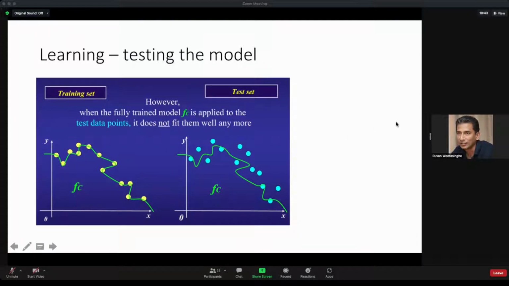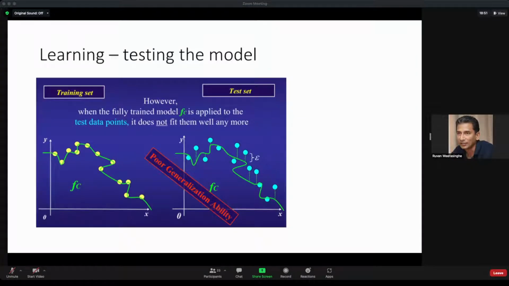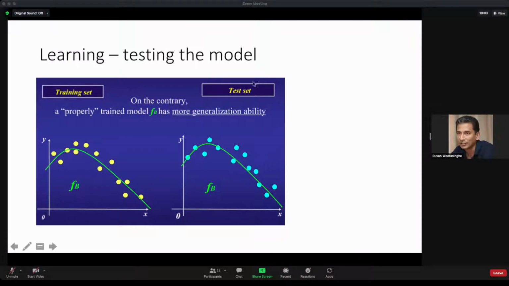One clue for overfitting is the big discrepancy between the training error and the testing error, which basically means the generalization hasn't happened. And good models are models that generalize well. So when you come to the second model, even though there was a higher error, when the new test data comes, the error is less.